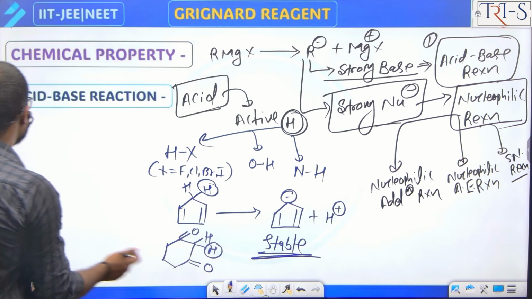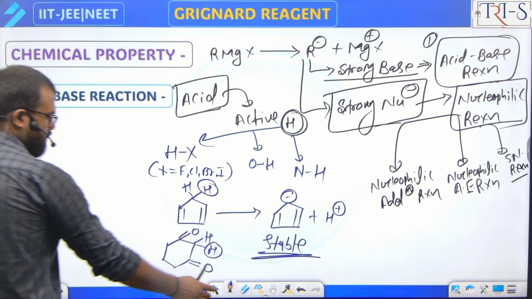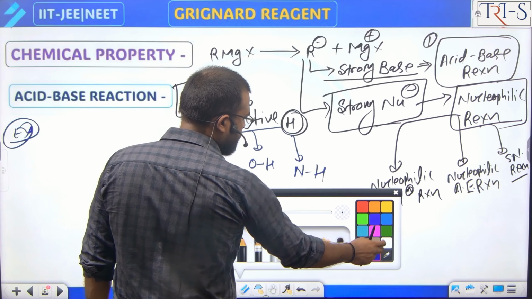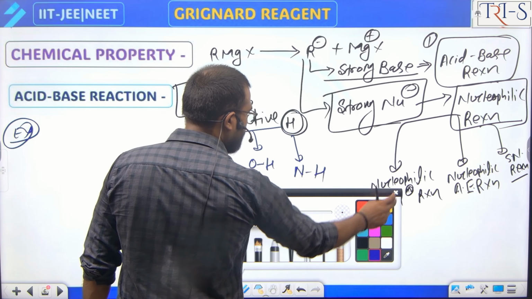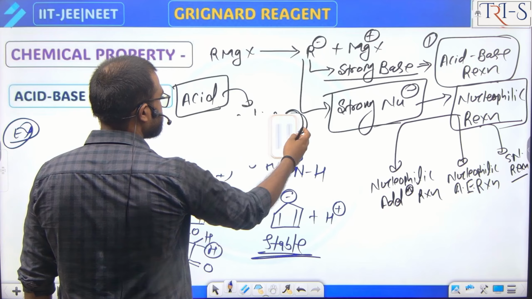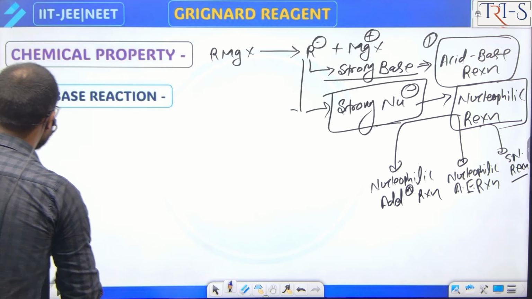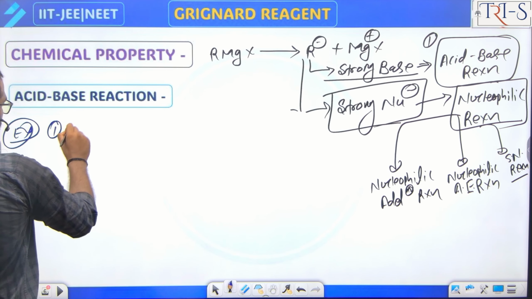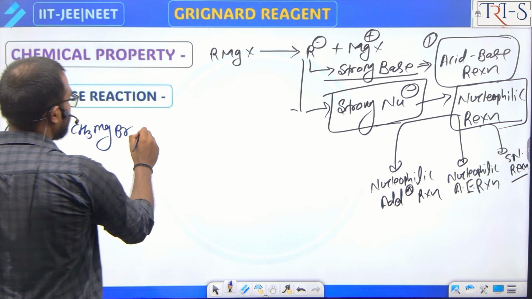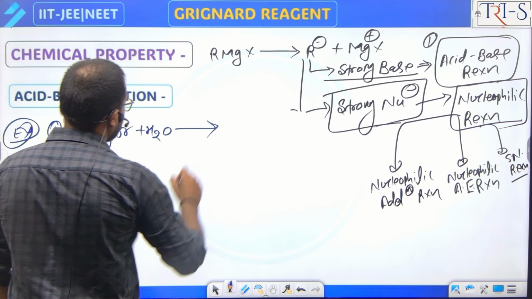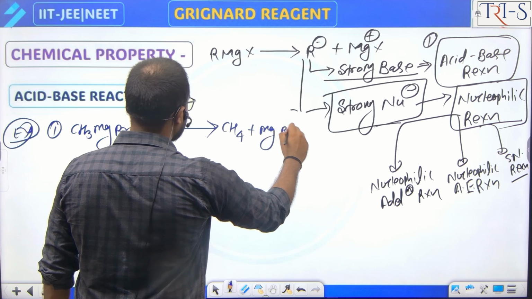Okay, here are some examples related to acid base reaction where the base is our Grignard reagent. So the example is CH3MgBr, after reaction with water, will form CH4 plus MgBrOH.